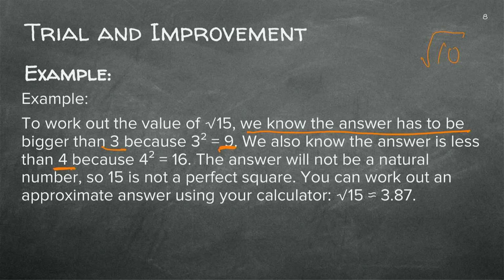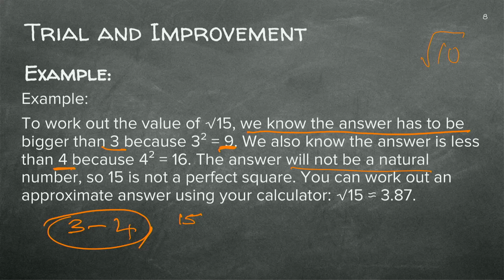And we know it will be between 3 and 4, somewhere there. And we know that it will not be a natural number. So we know then that 15 is not a perfect square. Those are all things that we know.